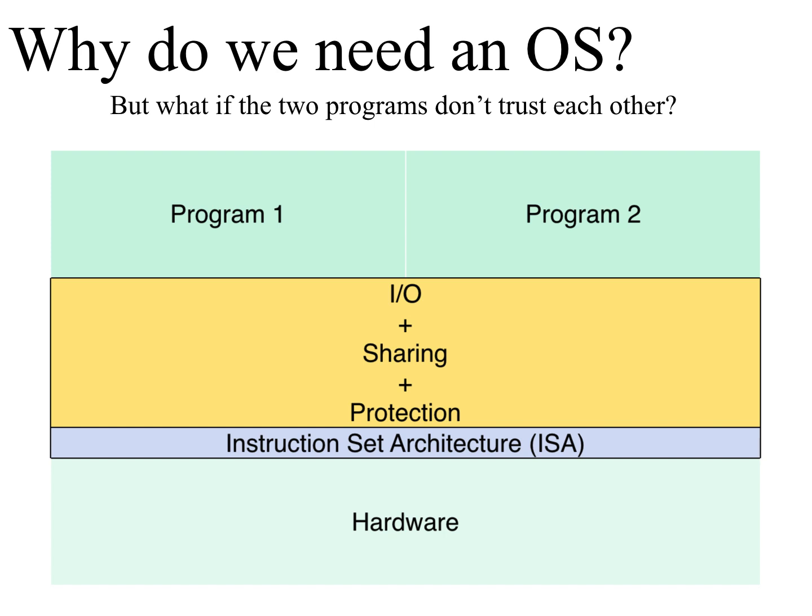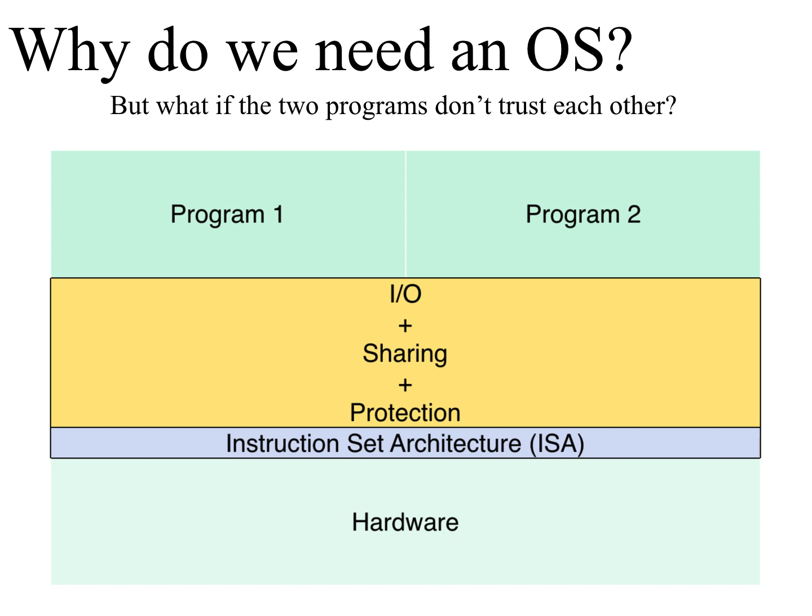Now, within this picture, assume for a moment that the two programs that are going to share this hardware don't trust each other. They're mutually untrusting, or they can be potentially malicious. So we need some additional software that can enforce protection, meaning that it can protect one program from another program running on the same machine sharing the same hardware.